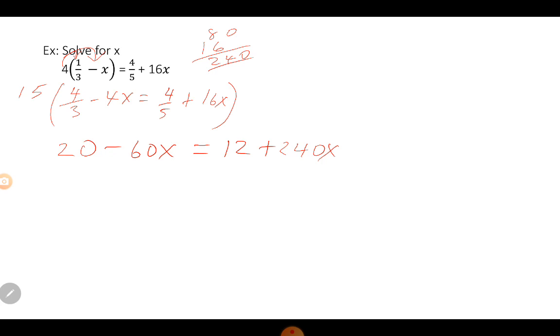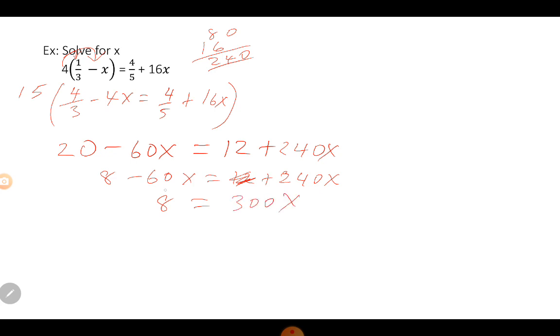Now, subtract 12 from both sides, we're going to get 8. And now this 12 is no longer there because we subtracted it from both sides. Now we're going to add 60x to both sides, so we're going to get 8 equal to 300x.